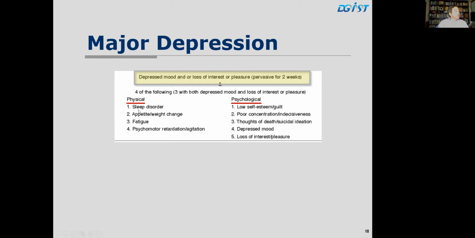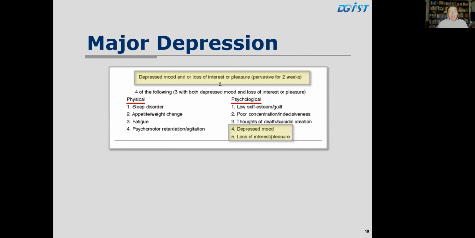The physical are sleep disorder, appetite, weight change, fatigue, psychomotor retardation, going very slowly, or the opposite, very fast, and psychological thoughts. So if you have this, and then 4 of the following, or 3 with both of these major symptoms, then you get a diagnosis of major depression. And again, pervasive for 2 weeks.